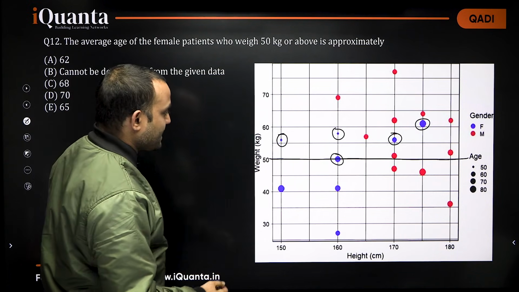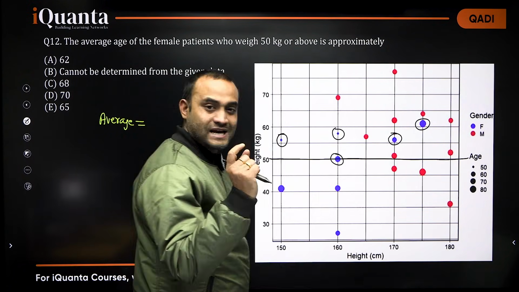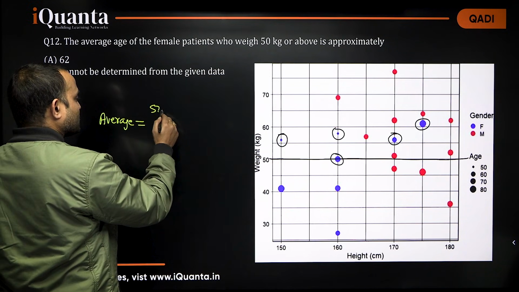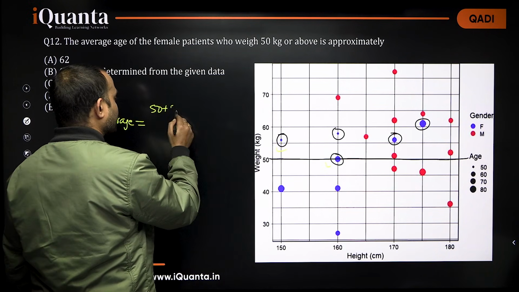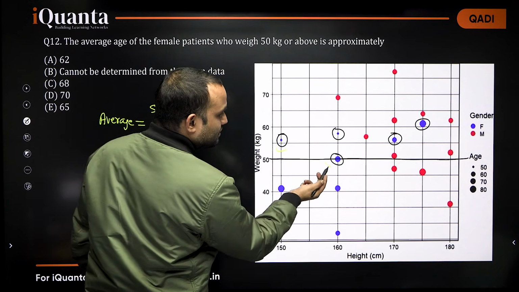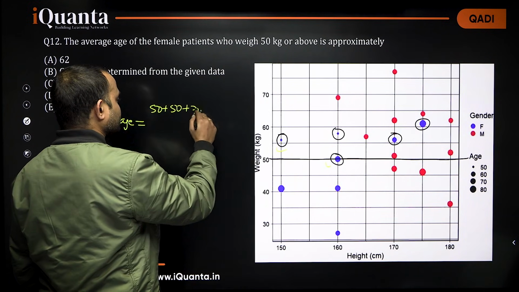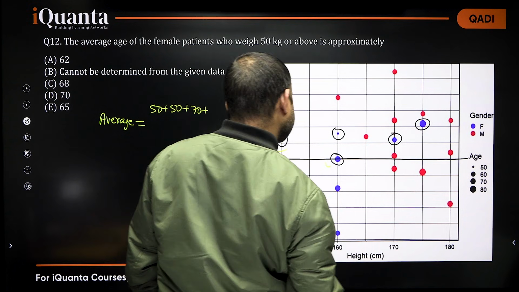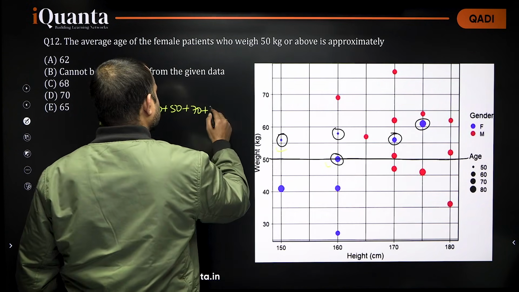Age, what is the age? So age is depending on the size of the circle. This circle is the smallest one, this denotes 50 years of age. Then the second one is also 50. The third one is 70, plus the fourth one, which I guess is a little smaller than that, so that will be 60.